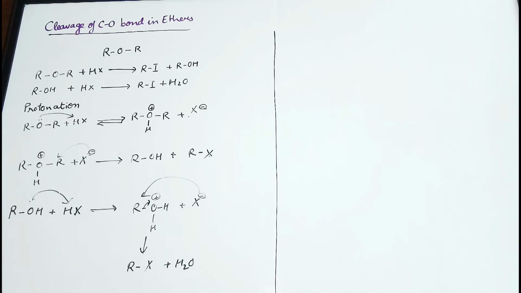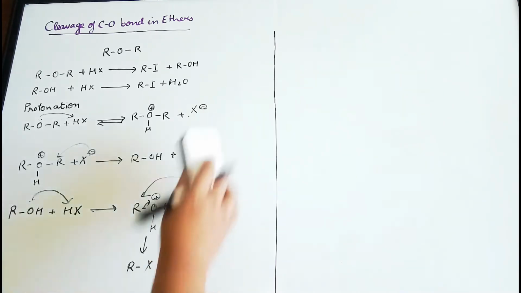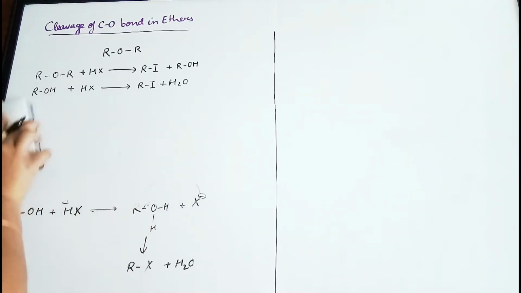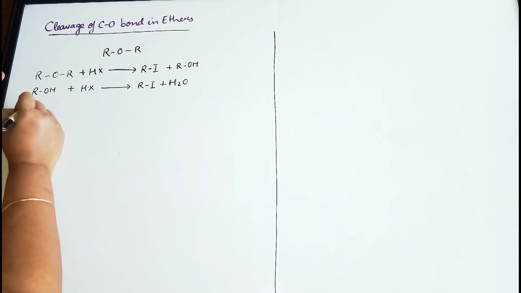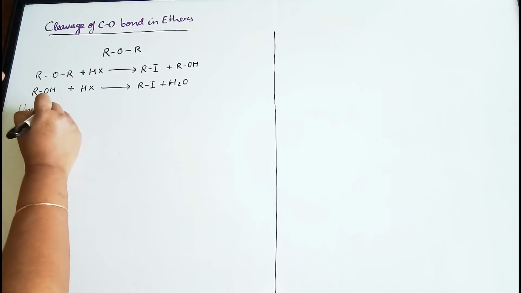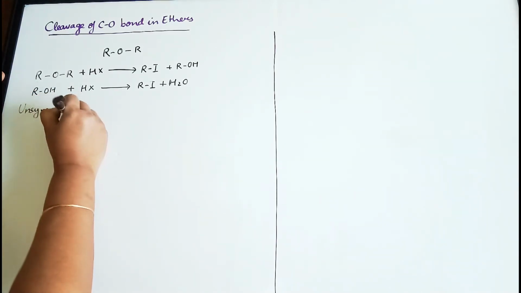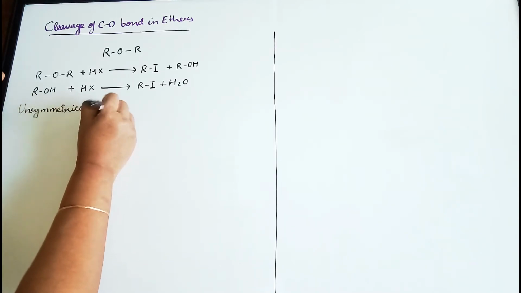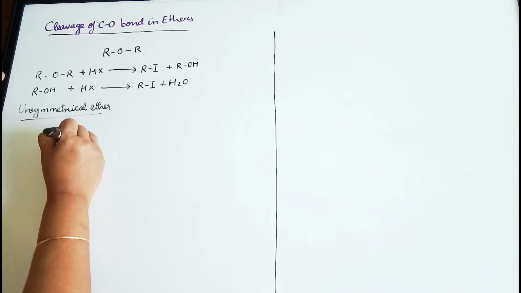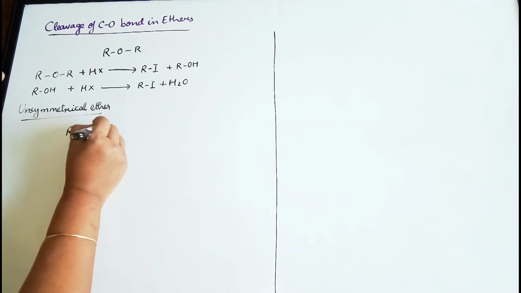Now when you have an unsymmetrical ether, the same reaction is going to take place. So I'm just going to erase this here. That was for a symmetrical ether. Now let's take an unsymmetrical ether. This means ROR dash.